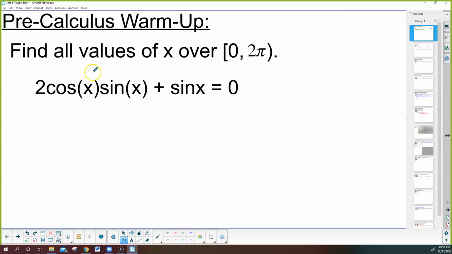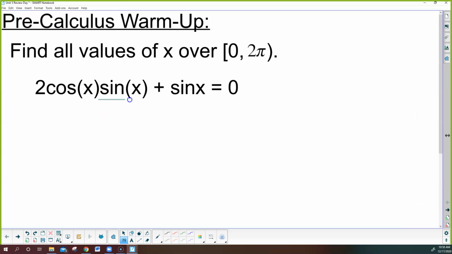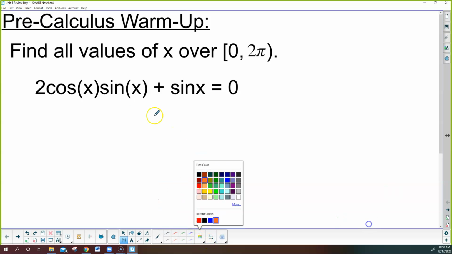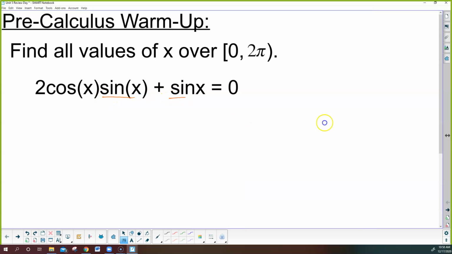Well, how do I deal with something that is basically two functions plus another function equals zero? I can't just set each one equal to zero until I get a product. But what I can do is take a look at the fact that both of these functions being added together have a sine in common.